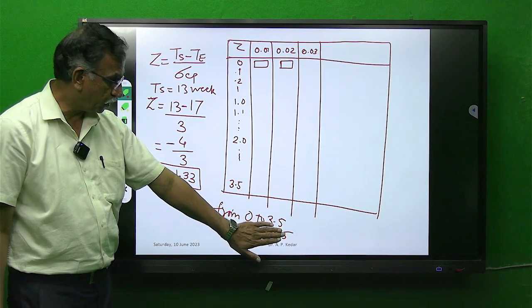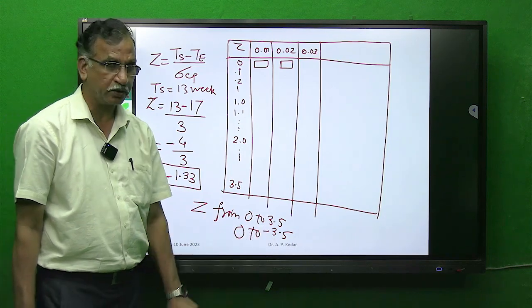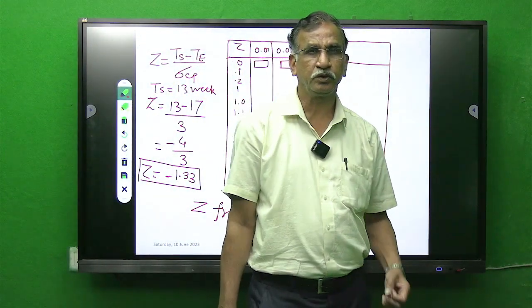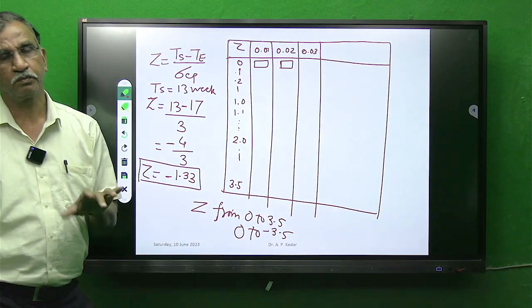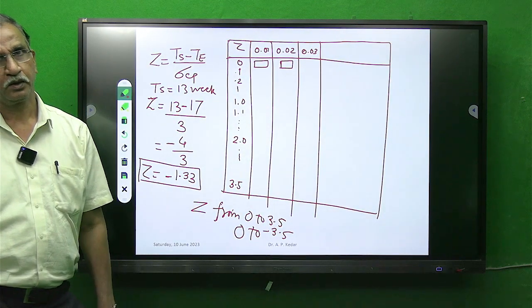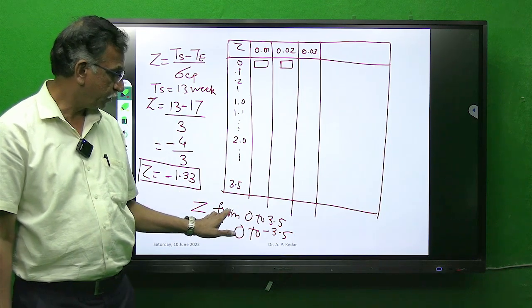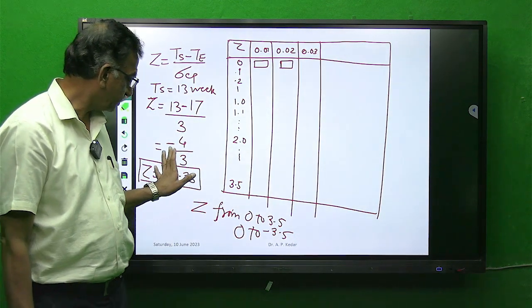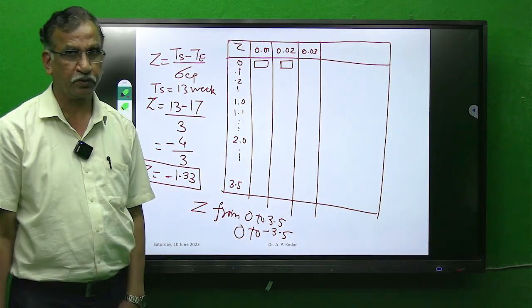If we don't have the table for values of 0 to minus 3.5, we know the mathematical concept f of minus t is equal to 1 minus f of t, so that we can simply calculate the value for this Z from the table of 0 to 3.5.